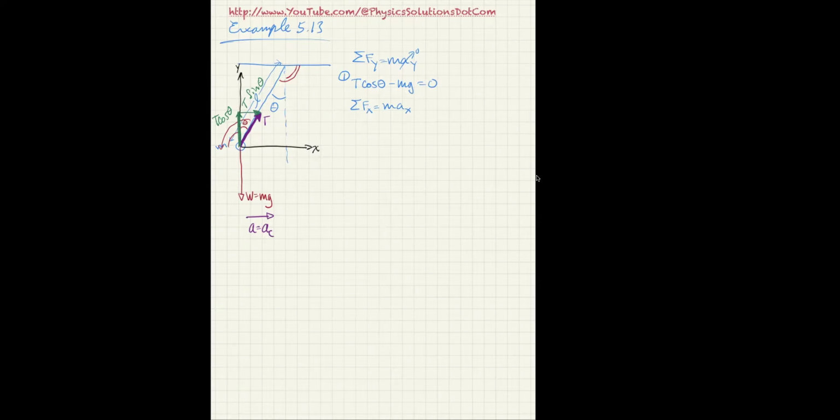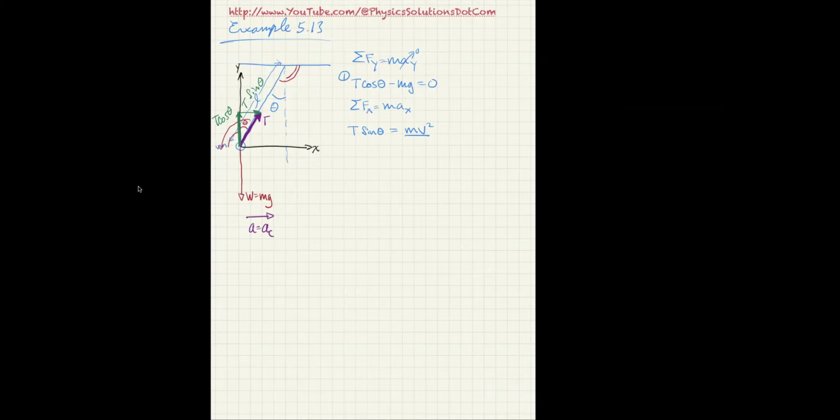All right, so the summation of forces in the x direction, what we see is the only force acting in the x direction, and therefore the force that's supplying our centripetal acceleration, has to be the horizontal component of the tension. So with that, I get T sine theta is equal to, in this case, mv squared over r. And they specifically gave us an R. I look back at the problem right now.